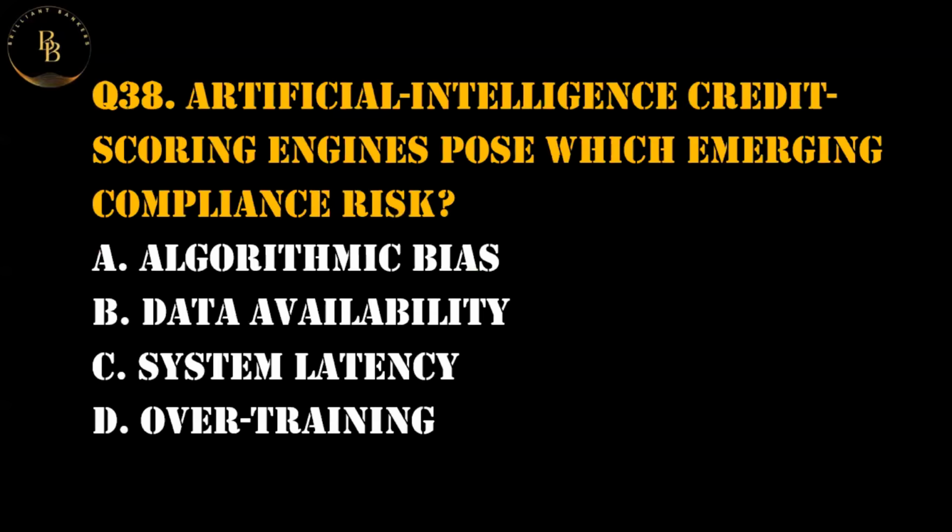And the right answer will be algorithmic bias, which may discriminate inadvertently. Normally, the RBI and BIS call for explainable AI and periodic fairness audits also. Explainable AI is also called XAI. So the right answer is algorithmic bias.